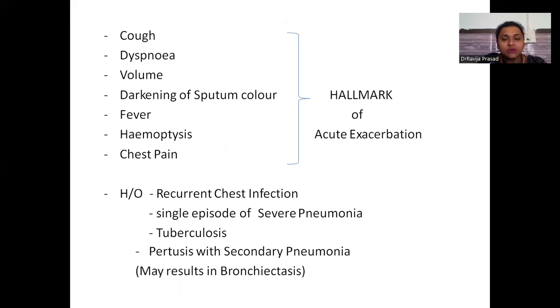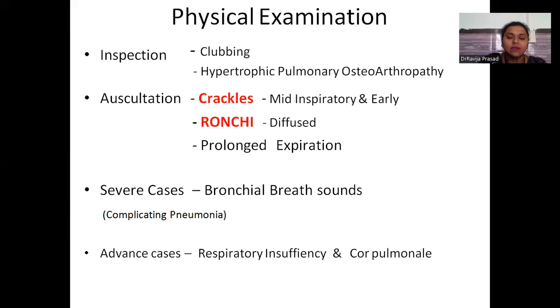Now, when the patient comes to you, the patient will present with a history of recurrent chest infection, or a single episode of pneumonia. Tuberculosis complicated with secondary pneumonia may result in bronchiectasis. Now, in the physical examination, on inspection you're going to note clubbing and hypertrophic pulmonary osteoarthropathy.